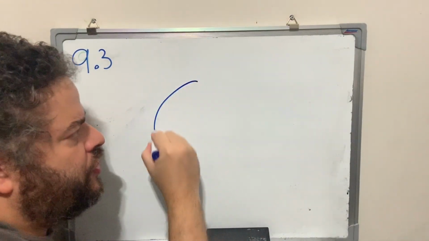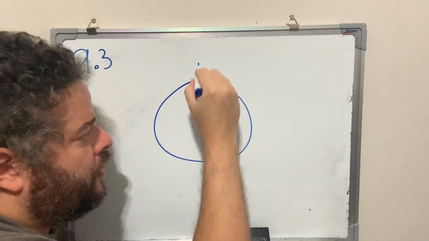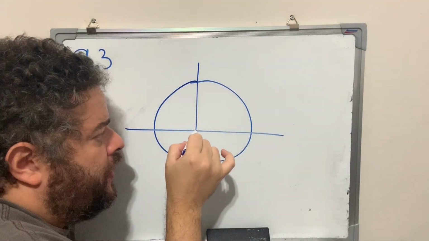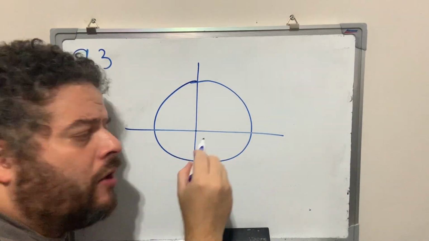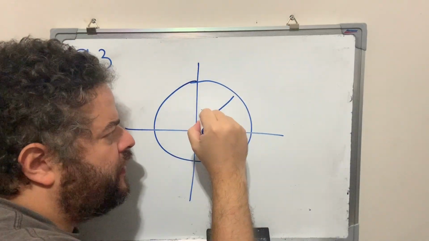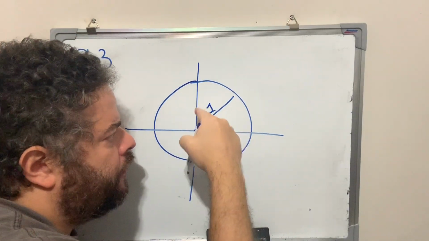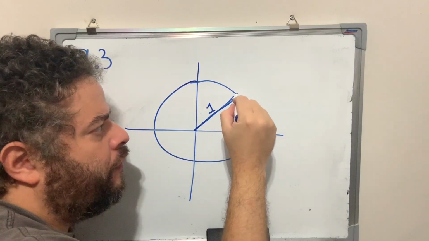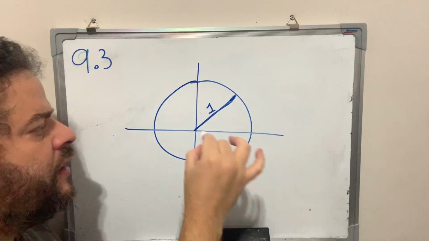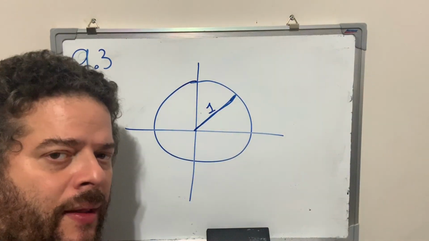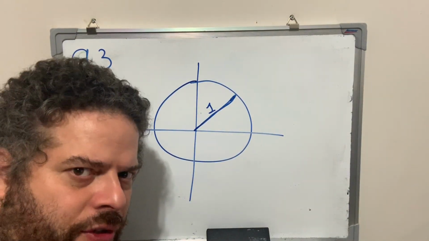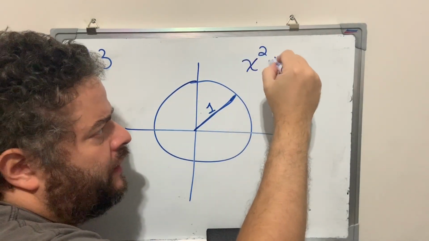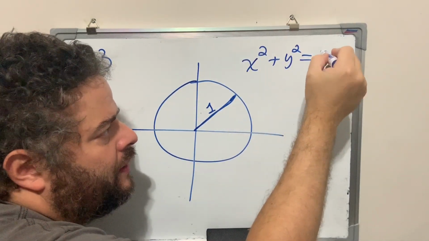A unit circle is a circle with its center right on the origin and also a radius of 1. That's what's called the unit circle. Now, we don't use the circle formula a lot so far, but you will be using it plenty.